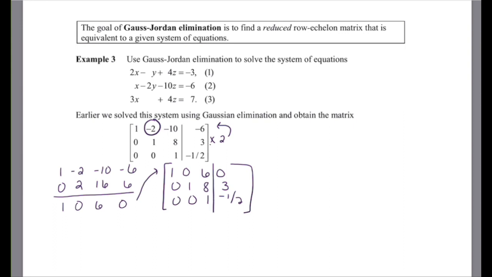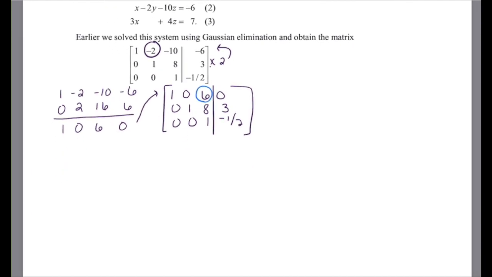Okay. So the left column and the middle column both have the zeros where they need to be located. So I'm going to move to the right-hand column and start at the top and work my way down. I'm going to start with 6. Once I make 6 a 0, I'll then move to 8. I'm going to use my bottom row because I know that these are zeros for 0, 0, 1. Because those are zeros, when I add it to anything, it's not going to change the values above.